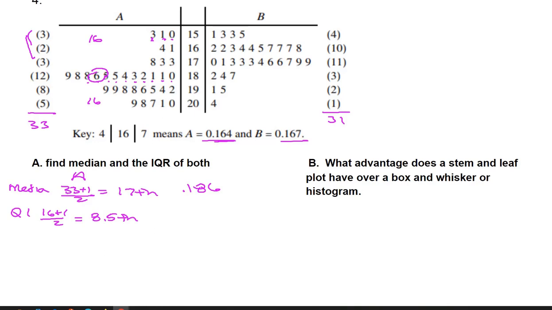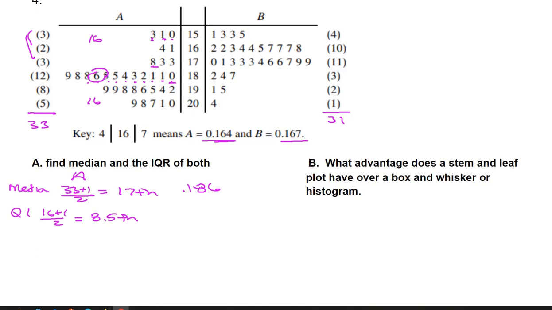So again, take a look at these numbers. There's 3, there's 2, that's 5, and there's 8. This is the 8th piece of data right here. So that means that my median is between this one right here and this one right here. And so if you want, you can write them down.